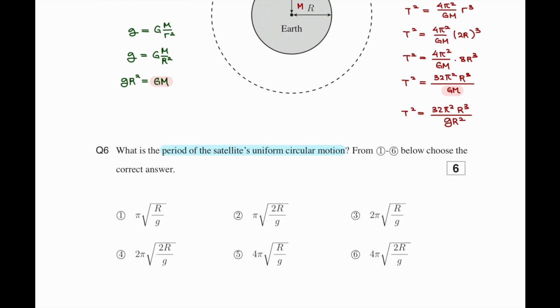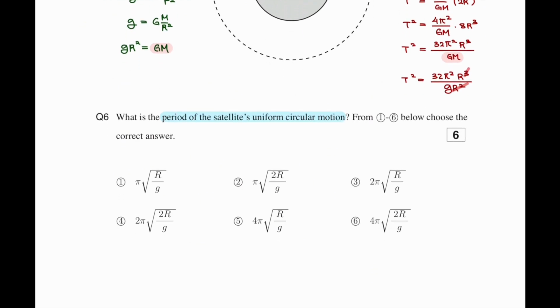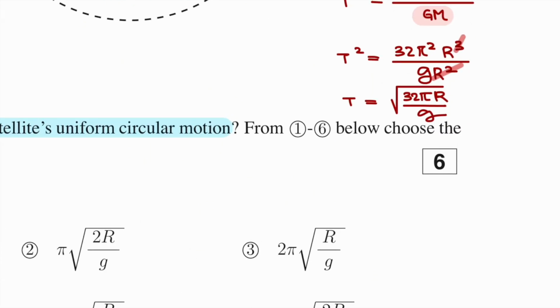Cancel out R square here, then I will get T equals the square root of 32 pi square r over g. Square root of pi square, yeah, pi square here.